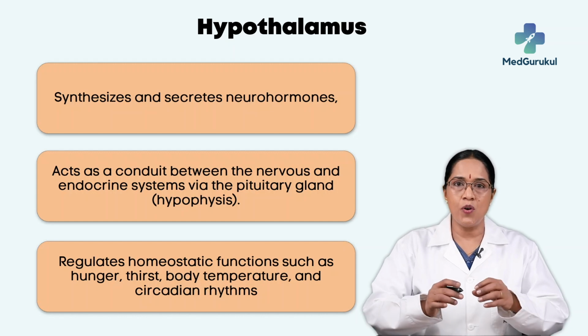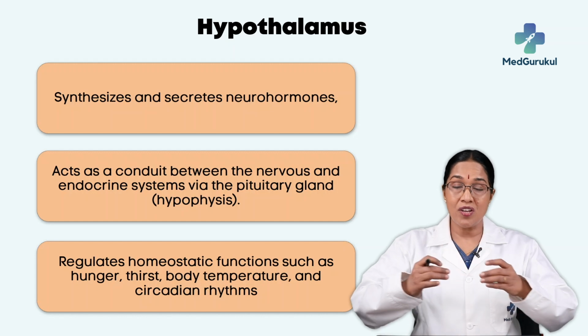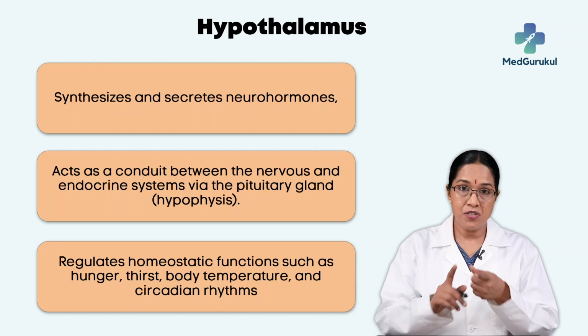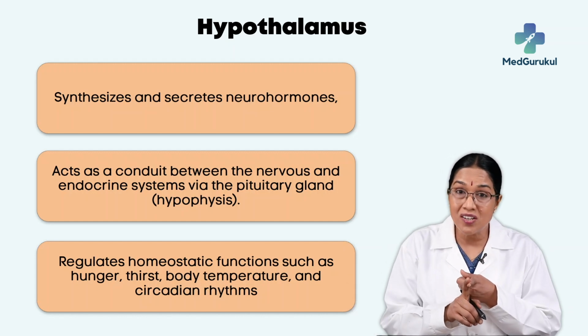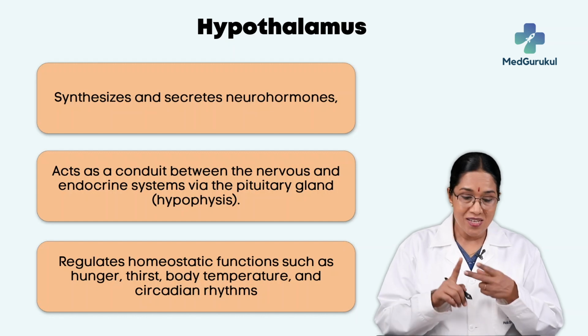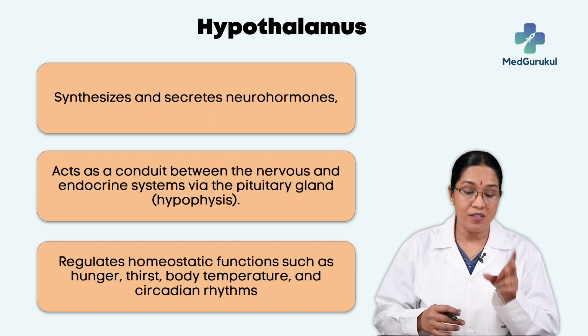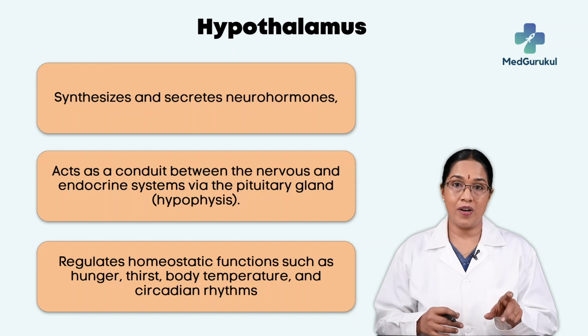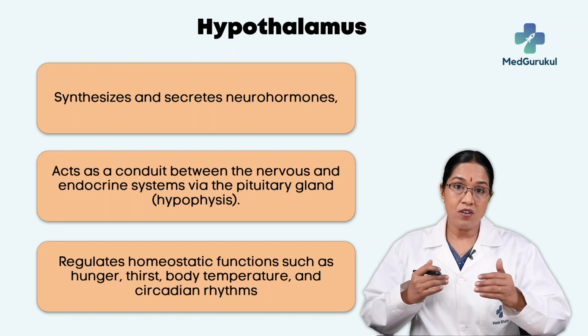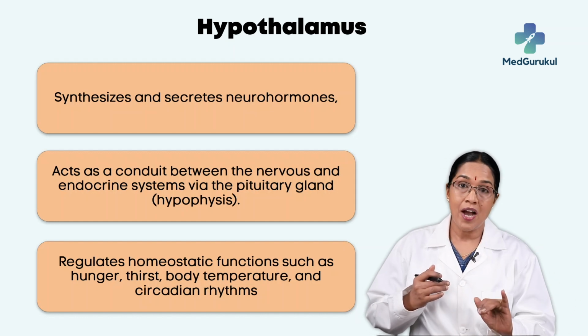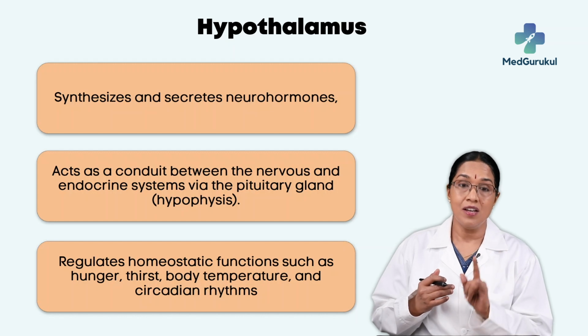What do you mean by a conduit? Conduit is something like a channel. So, first one is it synthesizes and secretes different neurohormones. Second one is it is acting as a conduit or a connection between the nervous system and the endocrine system, via the hypophysis or the pituitary gland.